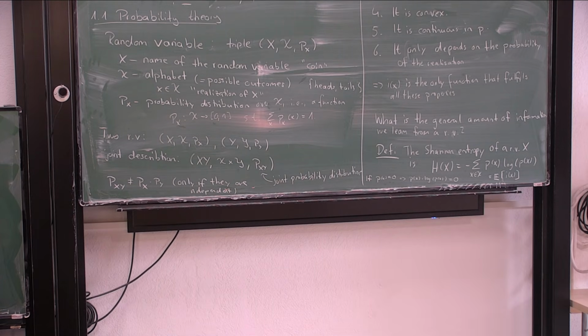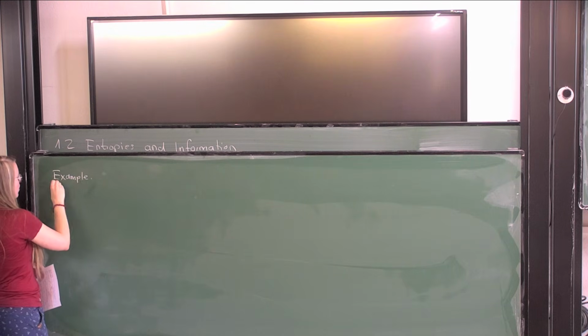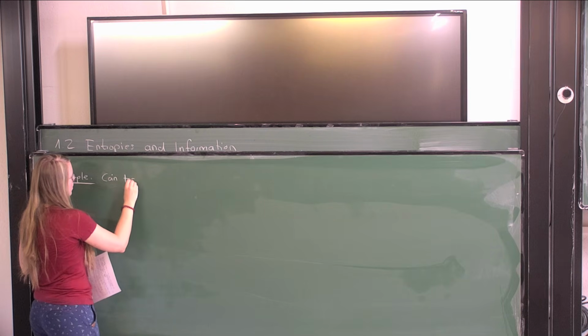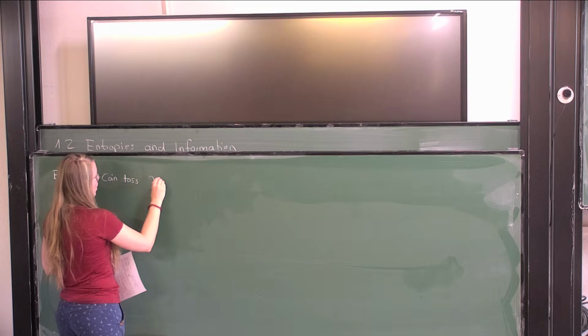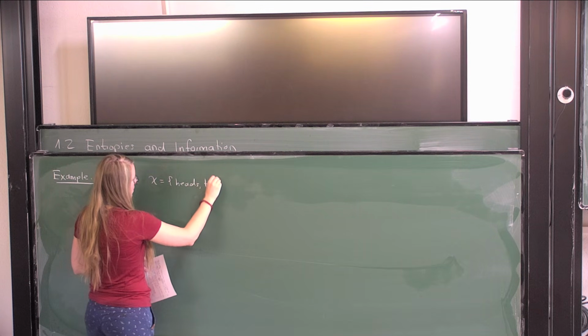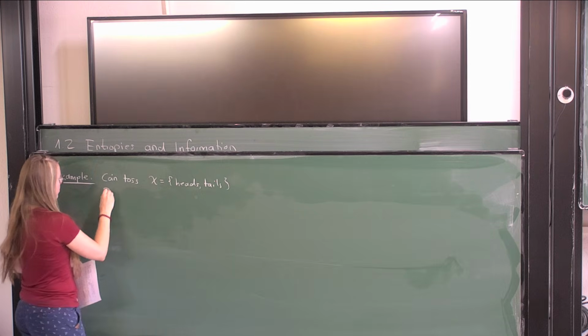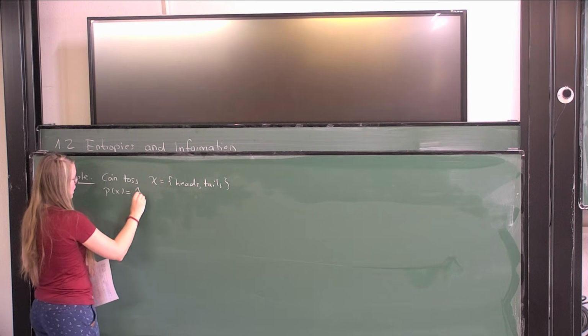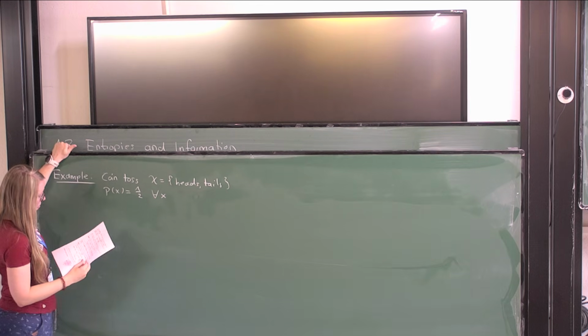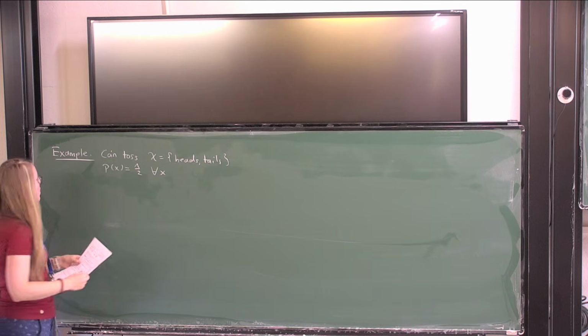Okay. So you can see, if you now take the example of the coin toss again, with equally likely outcomes for both of them, then you can calculate this Shannon entropy.